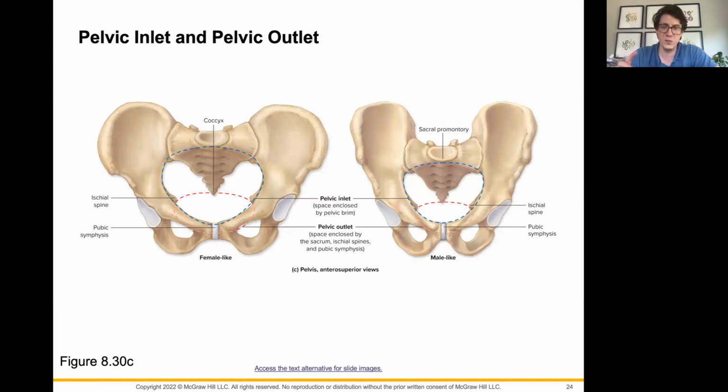Now, there are two big divisions here, two big things that we can see. These are differences, rather. Male and female pelvises are going to be slightly different. Now, one thing I want y'all to keep in mind here is that there's lots of variance. Okay, there's lots of variance across the spectrum. There will be males that have more openings, males that have a smaller or a larger angle here between the pubic bones.